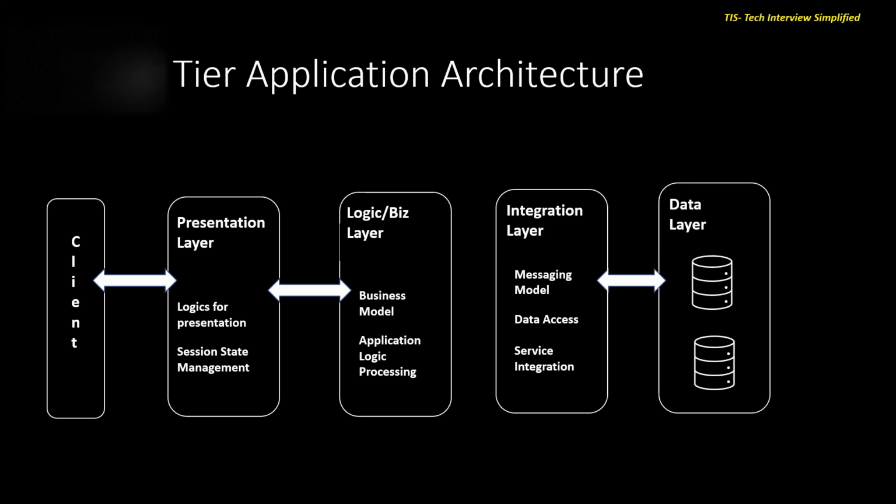And again, the need for these layers is, if we follow software design principles, the single responsibility principle and the separation of concerns are two things which play a very major role in defining the architecture of any system.